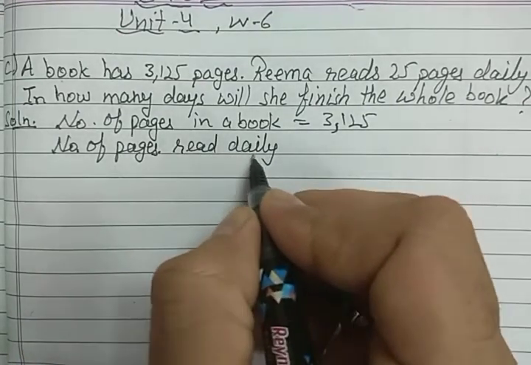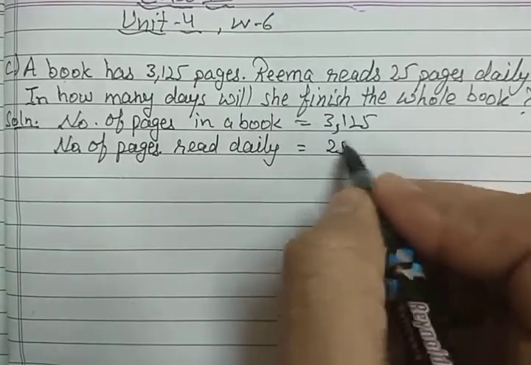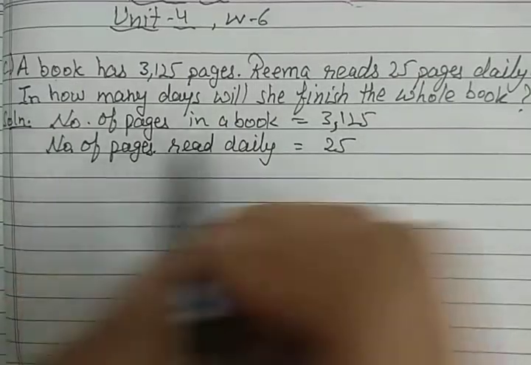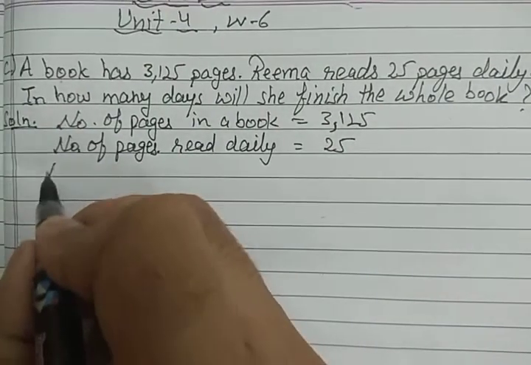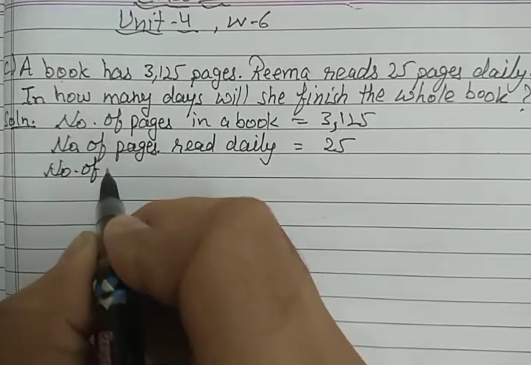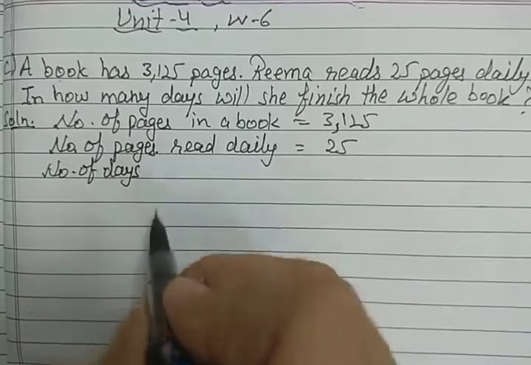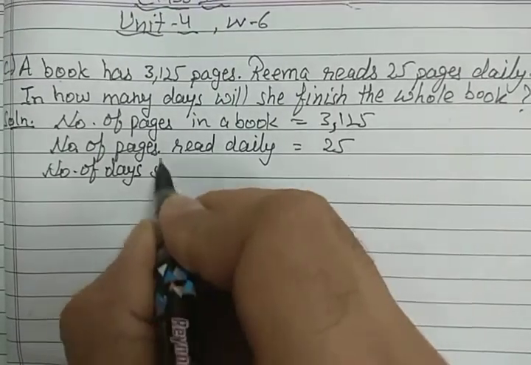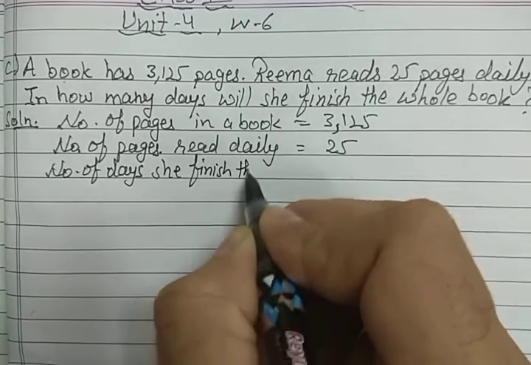You can also write daily की जगह पर आप one day भी लिख सकते हैं. That is 25 pages. Now what you have to find out, in how many days will she finish the whole book? So number of days she finished the book.